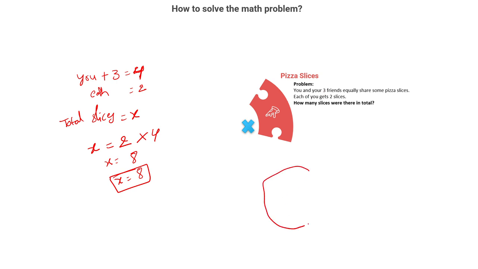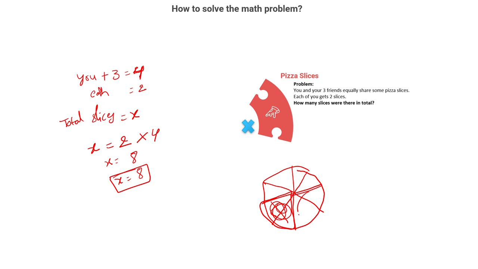So if I want to draw a pizza like this, 1. Now how many pieces does this become? 1, 2, 3. And now it became 4 pieces, 8 pieces. So let's say you took this part. This is done. Two pieces.